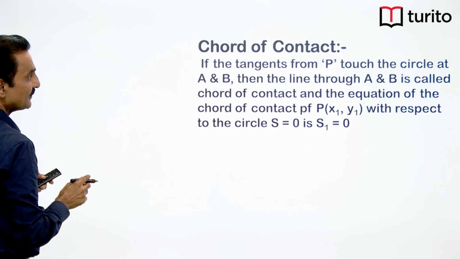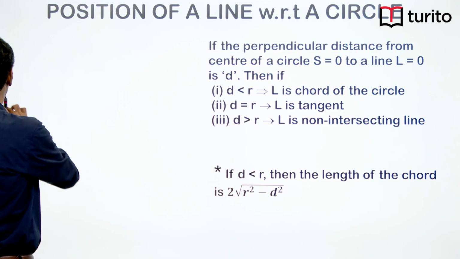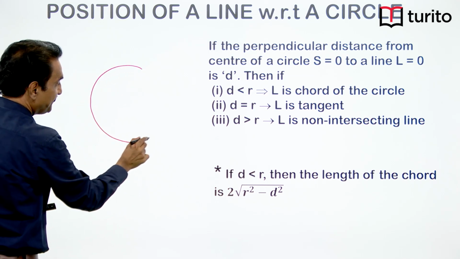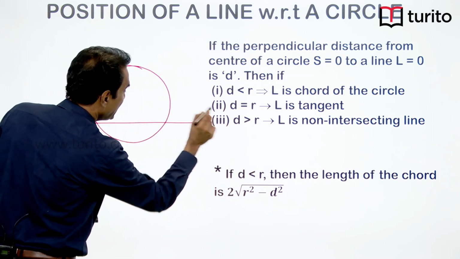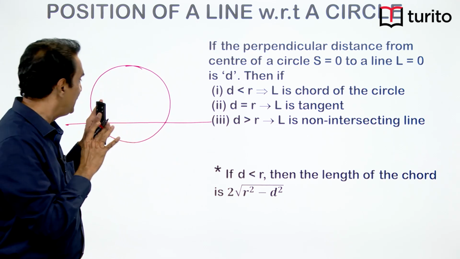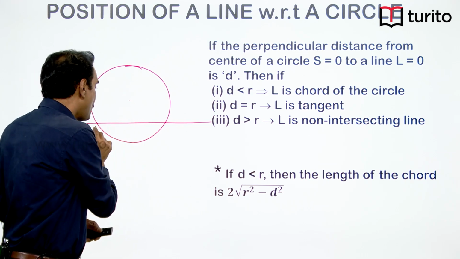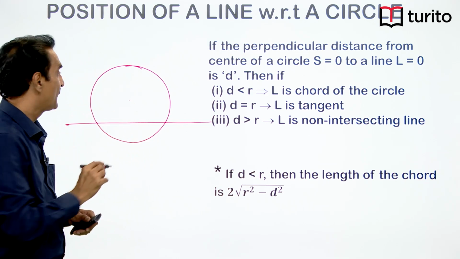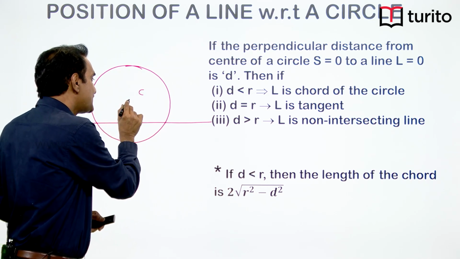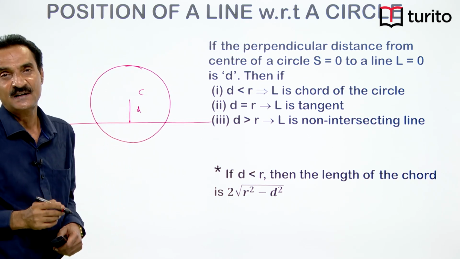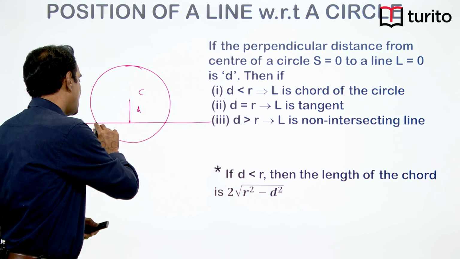If you take a circle and a chord, suppose a line L intersects the circle, then if you want the length of the chord, what is the formula? You find the perpendicular distance from the center to the chord, that is denoted by D, and the radius of the circle is R.